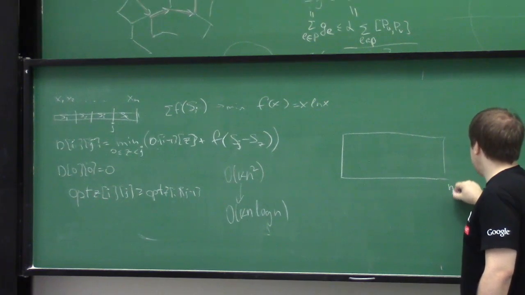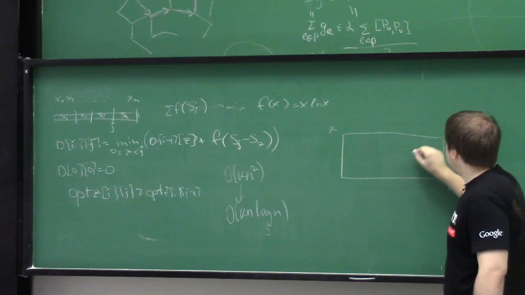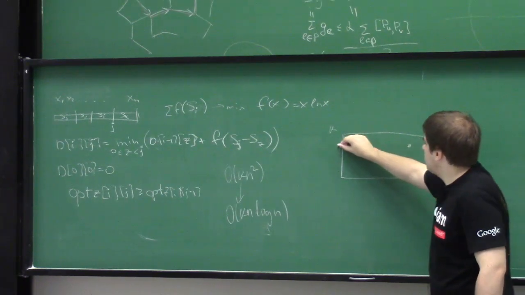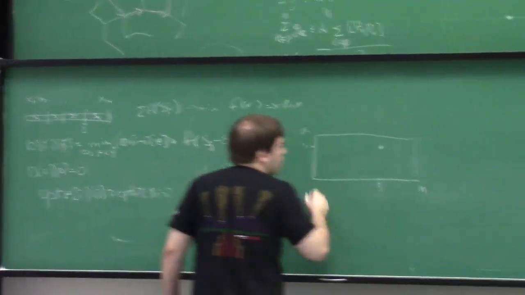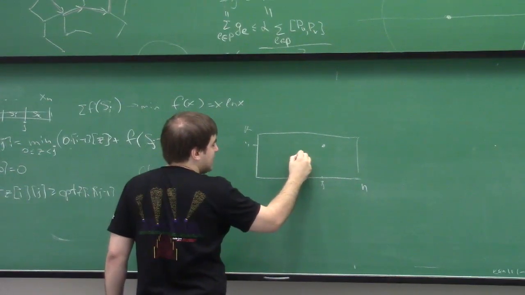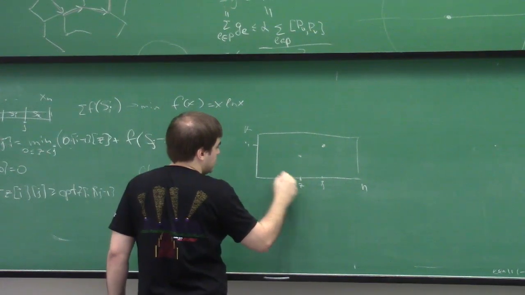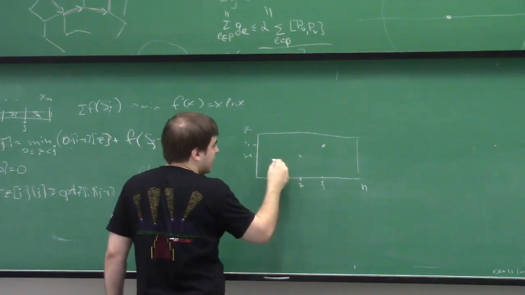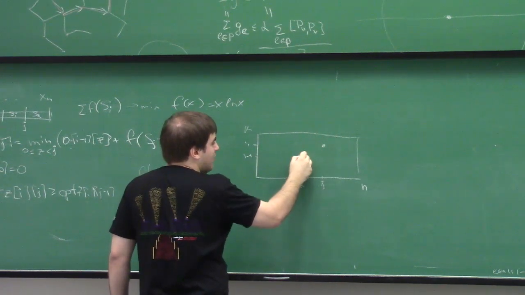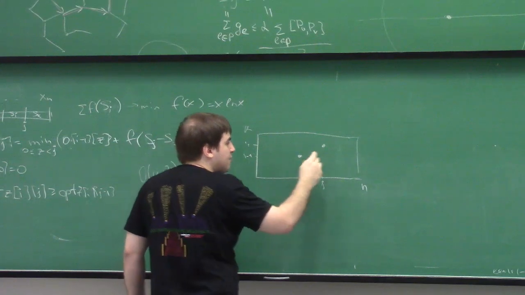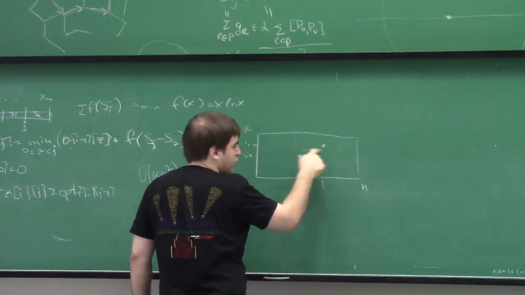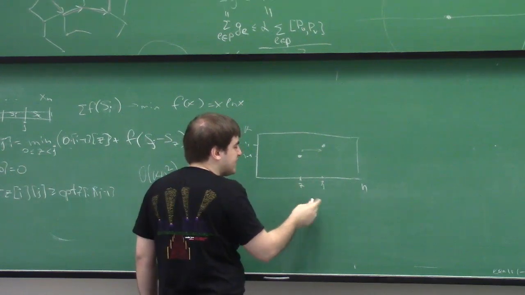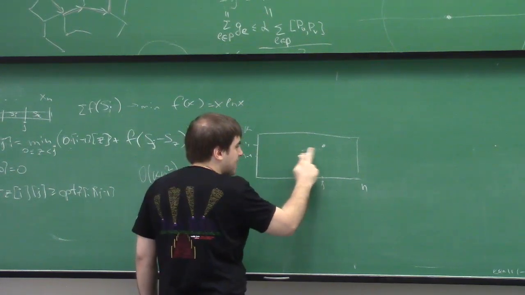Here we have n, here we have k. The value of ij depends on the value of i minus 1, z, like the sum, some value here, plus some convex function on z and j.